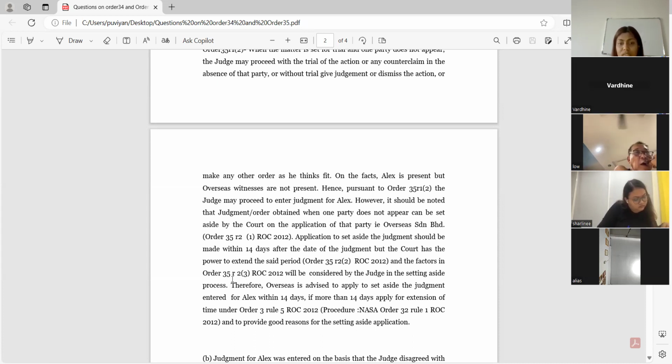Actually, you can add Order 35, Rule 2, subsection 3, A to E. Therefore, Overseas is advised to apply to set aside the judgment entered for Alex within 14 days. If more than 14 days, apply for an extension of time under Order 3, Rule 5, and provide good reasons for the setting aside application.